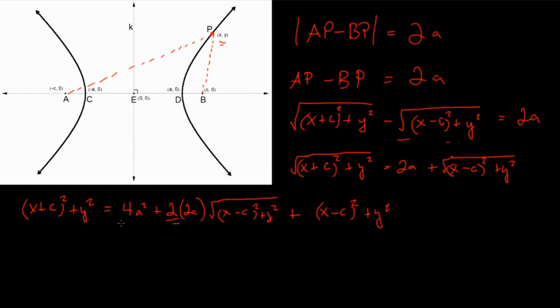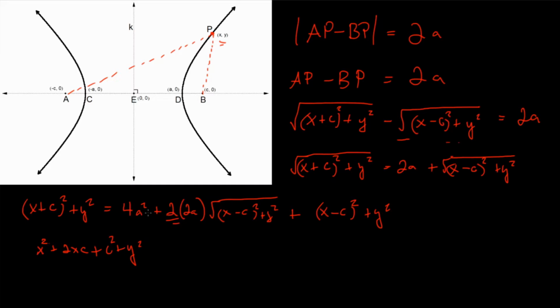So we're going to do that one more time. Let's get rid of that second square root. I'm going to move everything but the square root to the left-hand side. I'm actually going to do a little bit of cleaning up along the way, and then I'm going to square again. I'm going to expand this here: x squared plus 2xc plus c squared plus y squared. That's the current left-hand side.